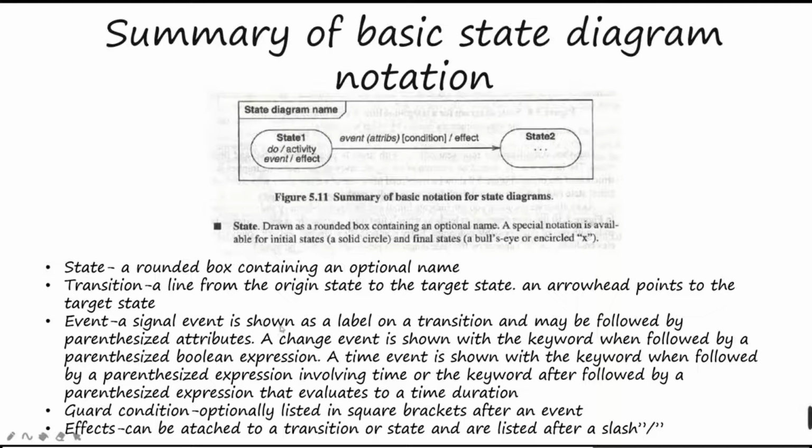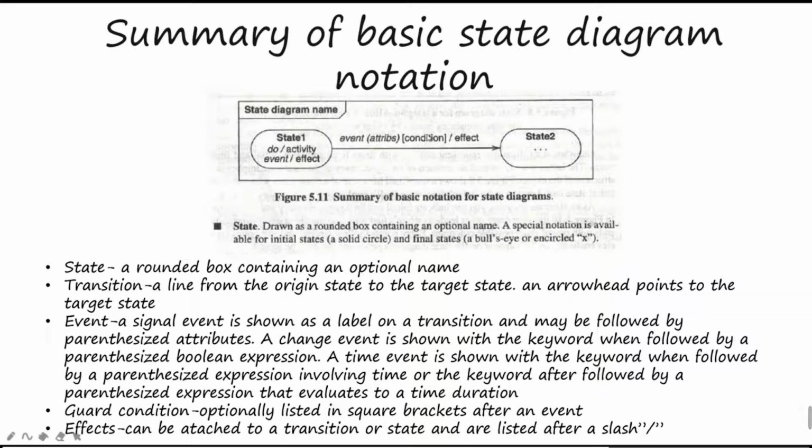Event: a signal event is shown as a label on a transition, and may be followed by parenthesized attributes. A change event is shown with the keyword when, followed by a parenthesized Boolean expression. A time event is shown with the keyword when, followed by a parenthesized expression involving time, or the keyword after. A guard condition is optionally listed in square brackets after an event.